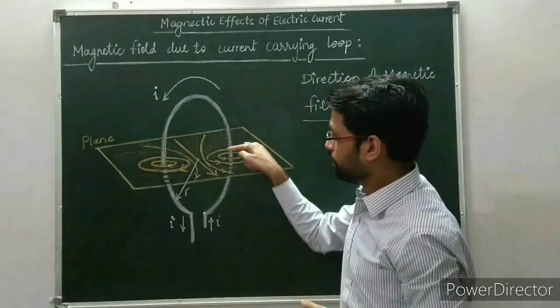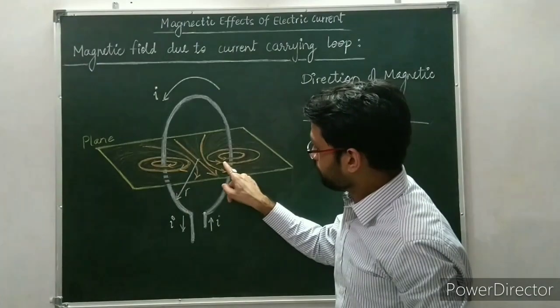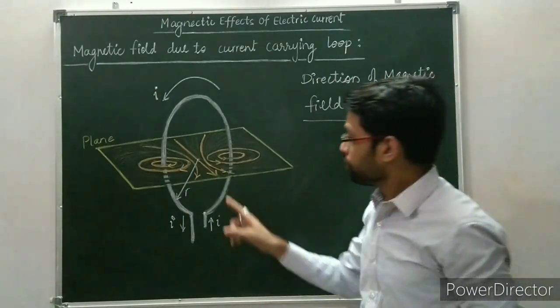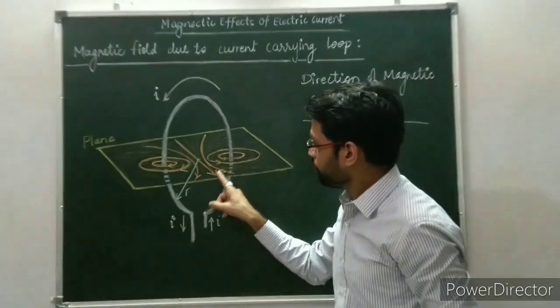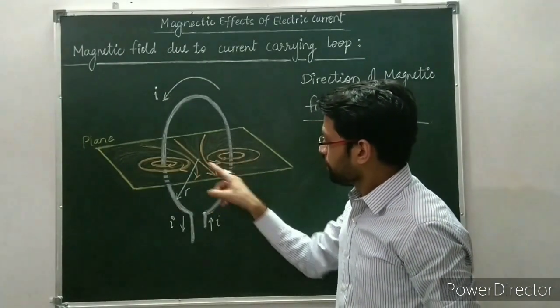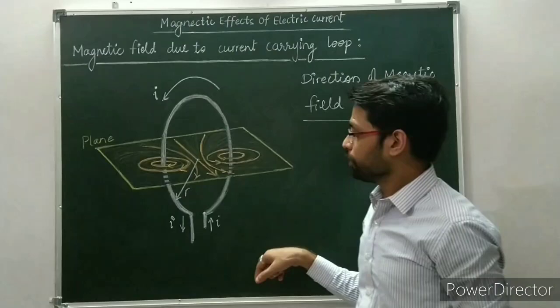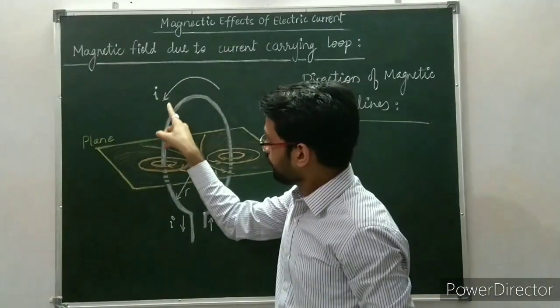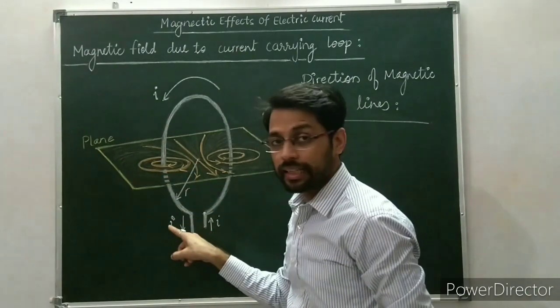At this point I have put the arrow in anti-clockwise direction. Now come to this point. At this point, the current is in downward direction.